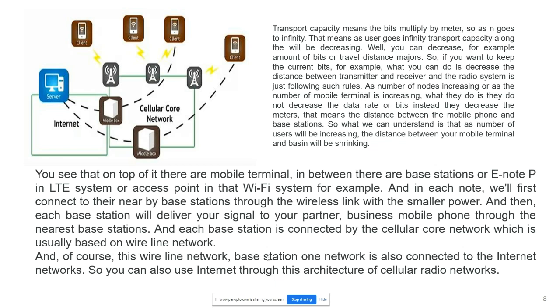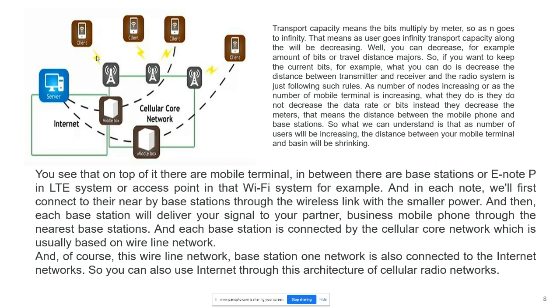Each node will first connect to their nearby base station through the wireless link with a smaller power. Kasi mas malapit siya sa base station, mas less power at hindi nababawasan yung data na ipinapasok, kasi malapit lang naman yung distance doon sa base station.